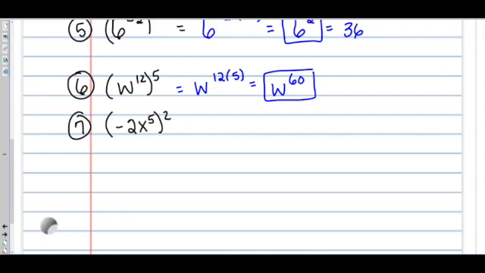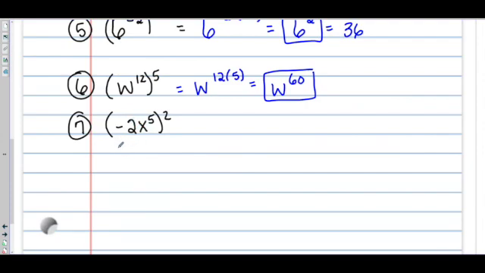So the way this works is we're going to get this exponent and make sure that you apply it to everything inside the parentheses. So this exponent belongs to the negative 2.